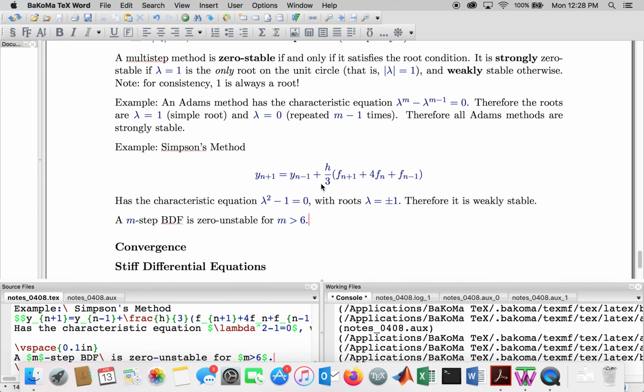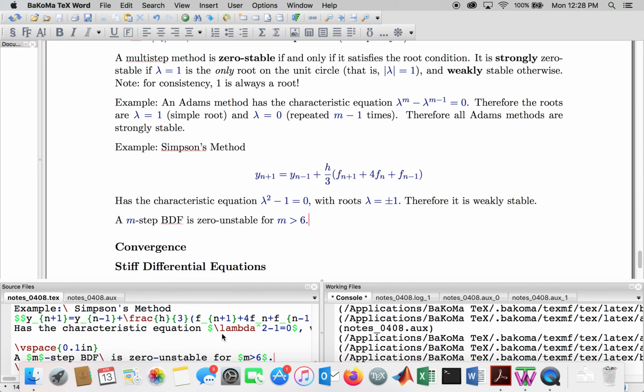Now, the last part for today is about convergence. There's really not a whole lot to say here.